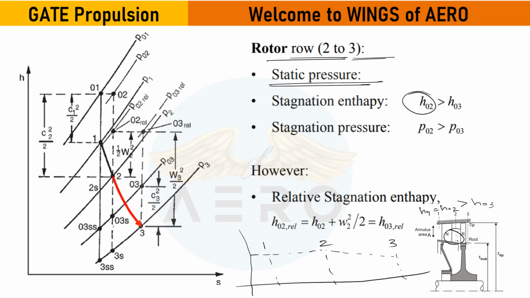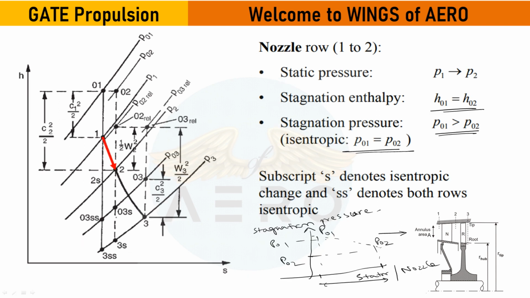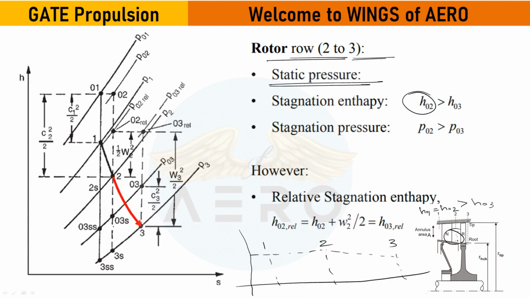Similarly, here they said stagnation pressure P01 is greater than P02, and here they said P02 is greater than P03. So again it is going to be very easy across. So P01 is greater than P02. So this is another expression.